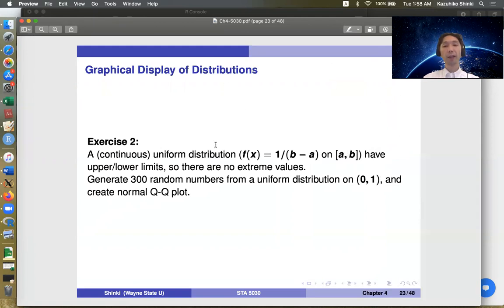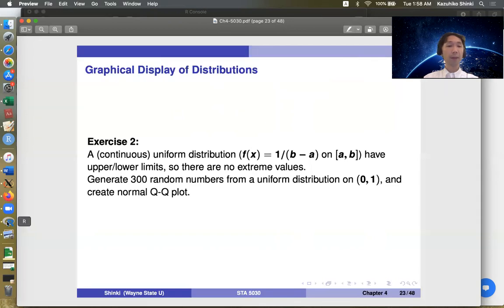If we make a histogram of those random numbers, it is just square-shaped. From 0 to 1 we have a flat histogram, and above 1 and below 0 we don't have any observations. That is a typical light-tailed distribution. No extreme values. All observations are between 0 and 1.